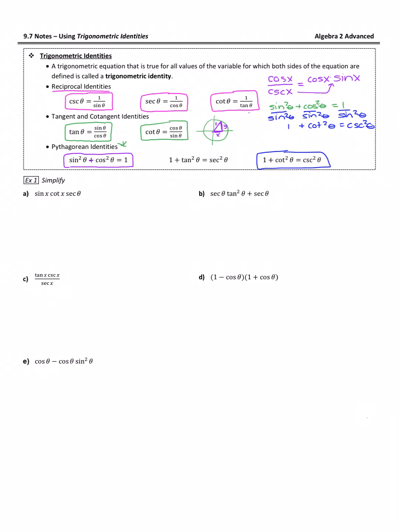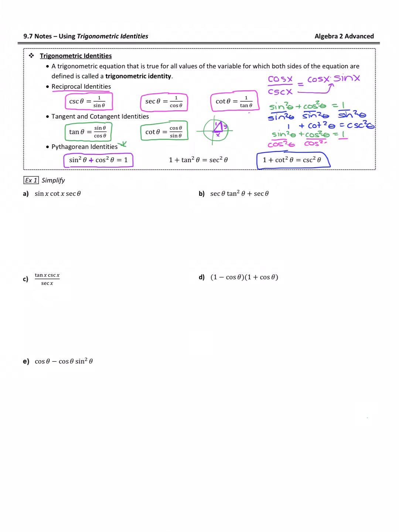Or I could take my sine squared theta plus cosine squared theta equals 1. I could also take each of those terms and divide by cosine squared.